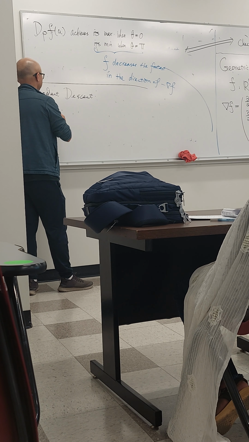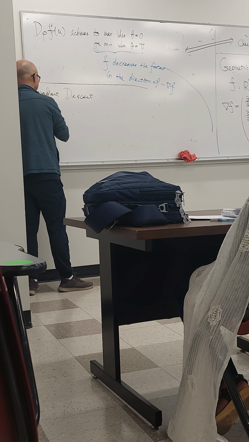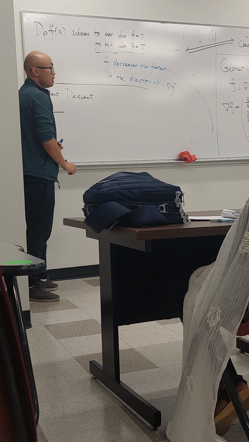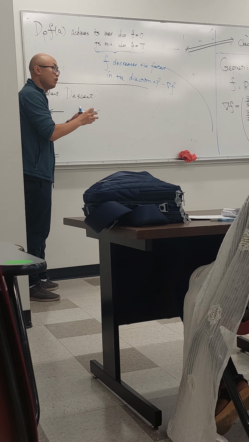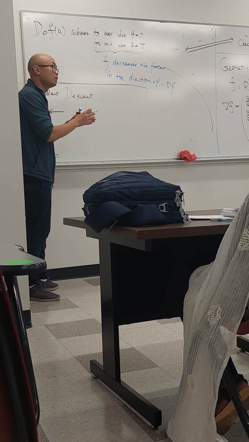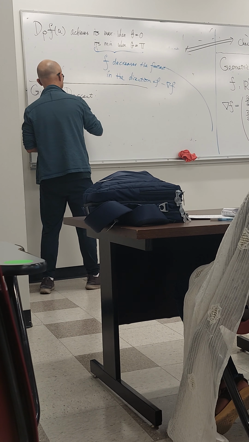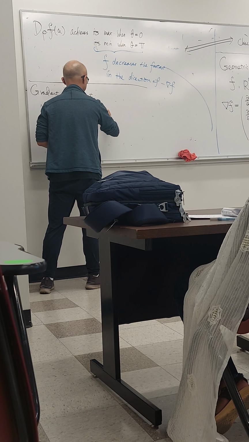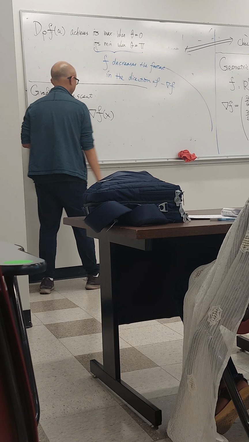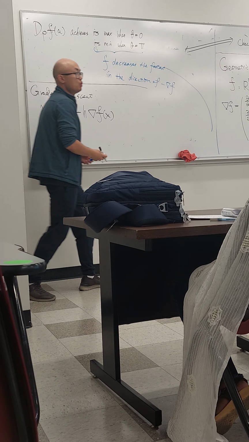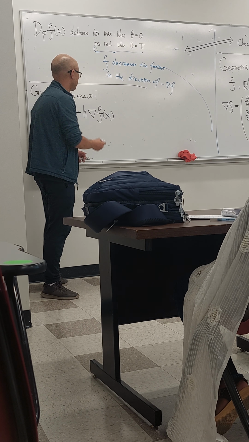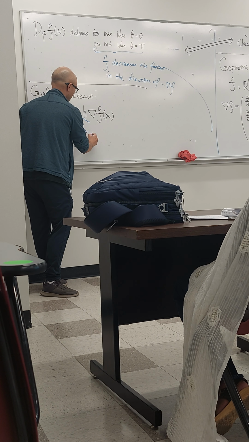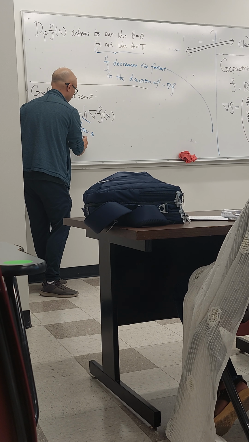But here's the question. Initially we are at a point x, and we want to follow the direction of the negative gradient to get to a new x, so we subtract. We move in the negative direction with a step size h. How to choose h?